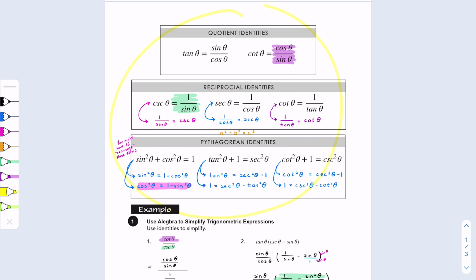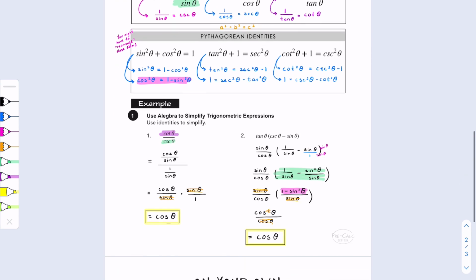I also always make the suggestion to get every term to sine and cosine if possible. That's going to usually make it easier. Of course, there are a few cases where that won't happen, but generally creating all sine and cosine values will simplify your expressions faster.